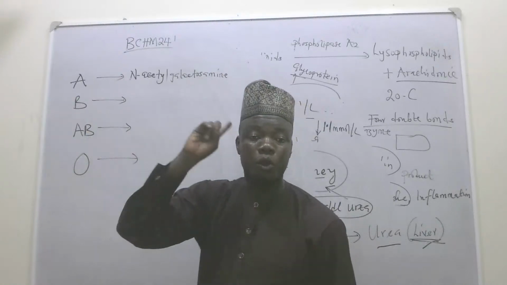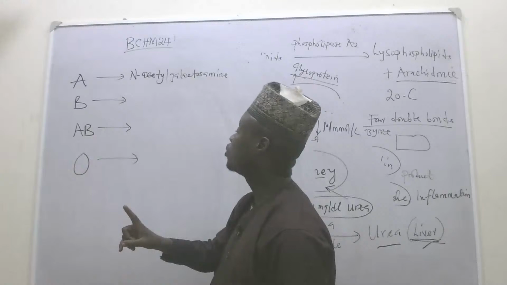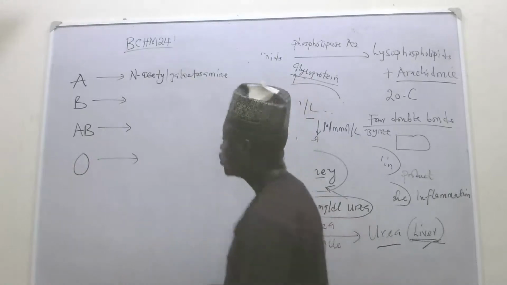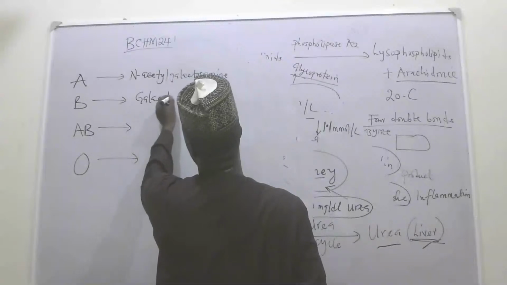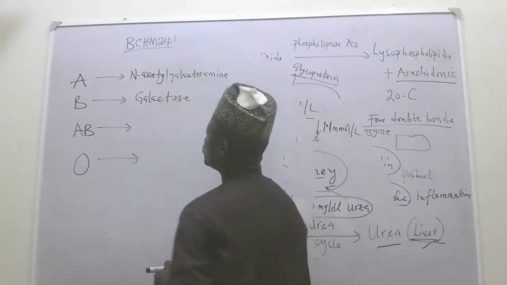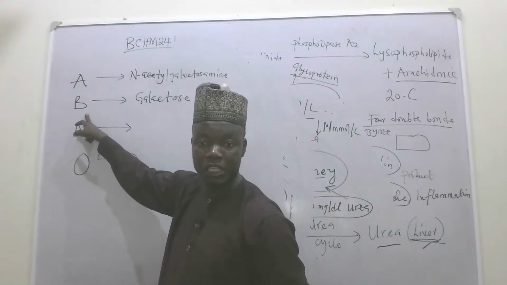That is why they are blood group A individuals and it makes them different from those with blood group B. So for those with blood group B, they have galactose. That is the name of the sugar found on an individual with blood group B.